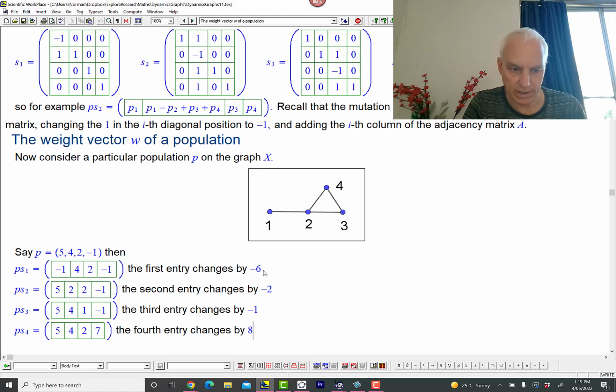In this particular case, all of the mutations decrease the population except for the last one. So if your aim was to increase the population, you would have to do an S4 to this particular thing.